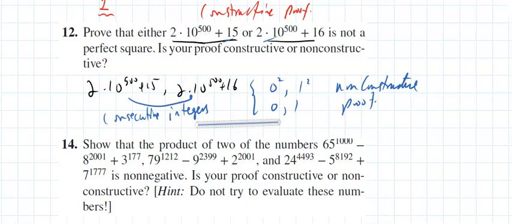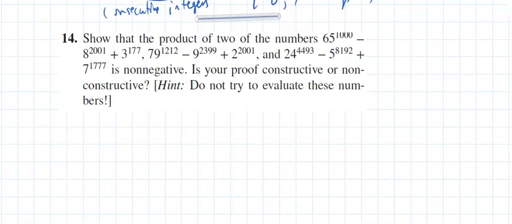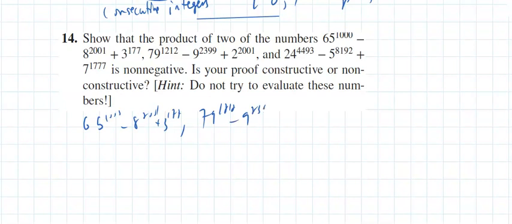There we go. All right. Now we get to 14. 14 is stating, show that the product of two numbers, this is another number. The idea, of course, is not to plug this in a calculator.